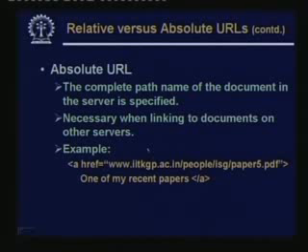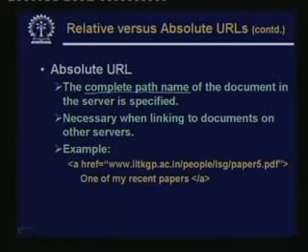Now, absolute URL refer to the complete path name of the document in the server specifier. When you say complete path name, this also includes the name or address of the server. Now, this absolute URL is mandatory, this must be used when you are linking to documents on some other server.